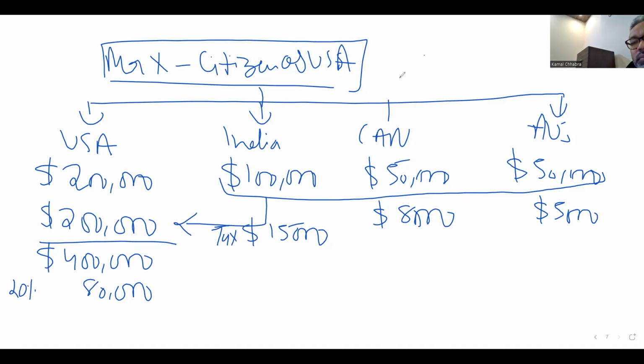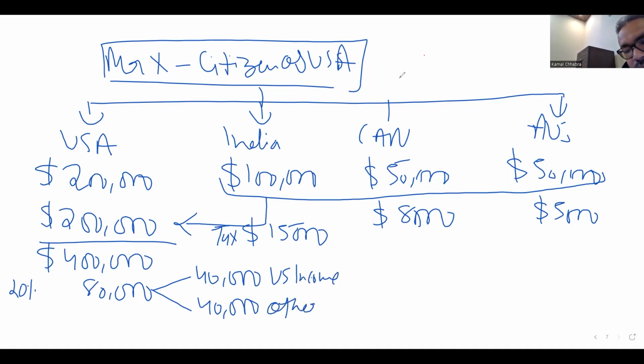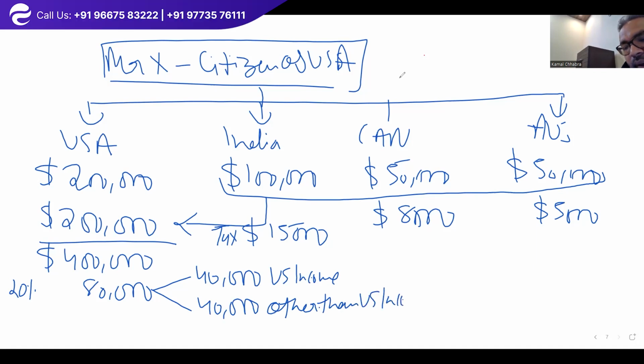So in this 80,000, if you see, the 40,000 is for the income which they have earned in US, and 40,000 is for other than US income. Right?